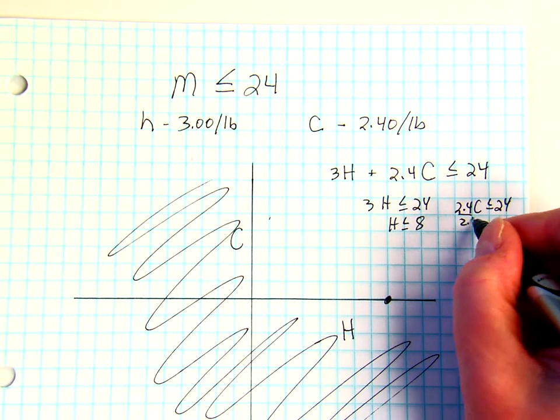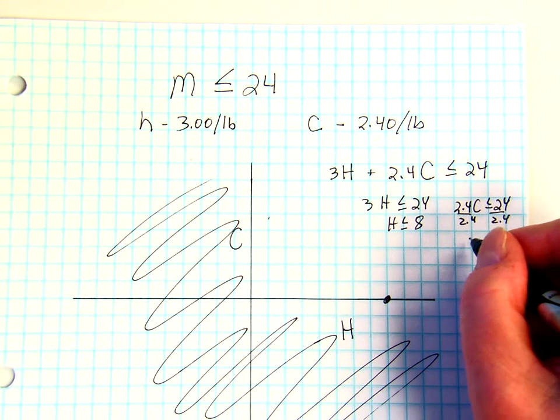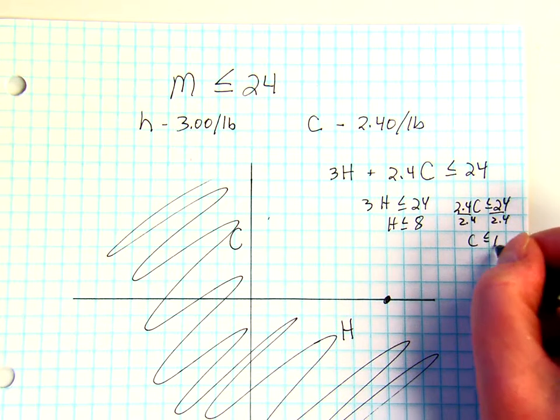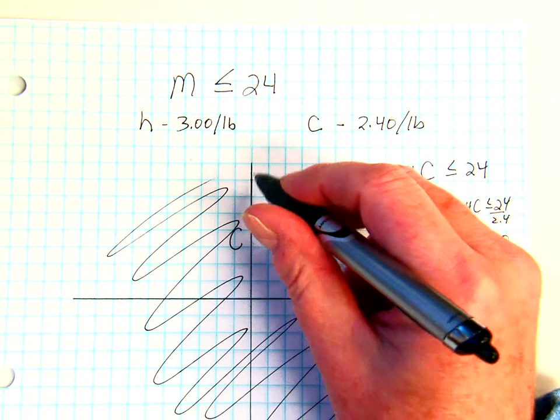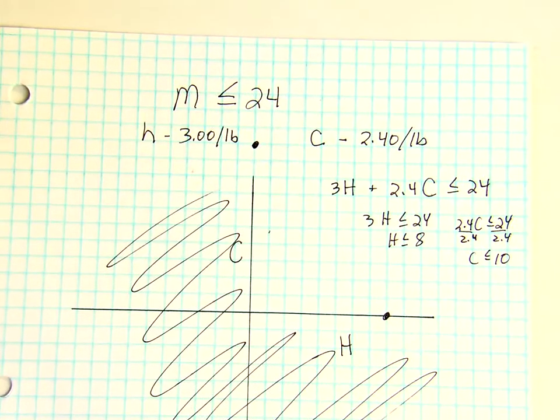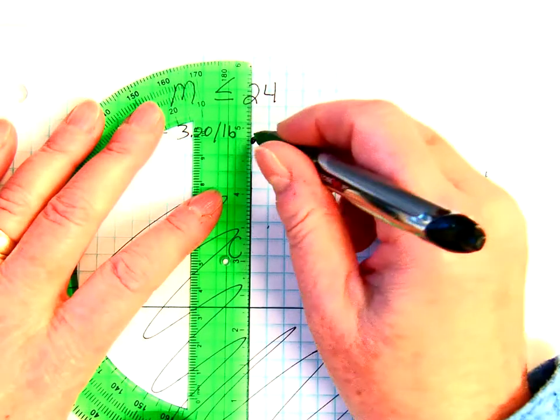and then dividing by 2.4, hopefully we can see that we've got c is less than or equal to 10. So 1, 2, 3, 4, 5, 6, 7, 8, 9, 10. We're way up here, which is completely off my graph because I wasn't really thinking properly.